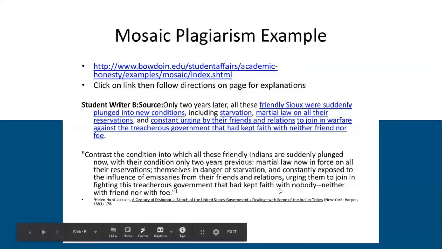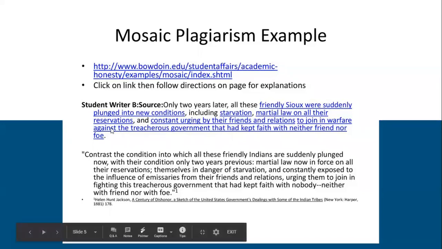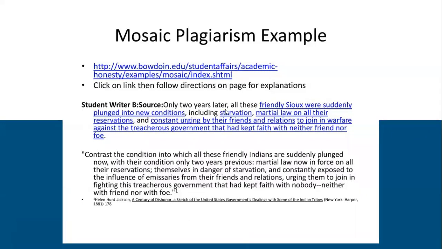So it's almost like whenever you copy and paste and then you take words out of the original and change them to different words, or you move maybe a couple words around here and there, but it stays basically the same. So you see here the writer, the student writer here.